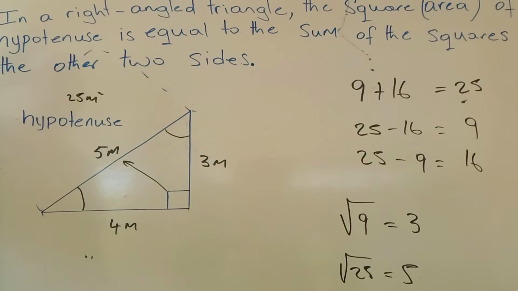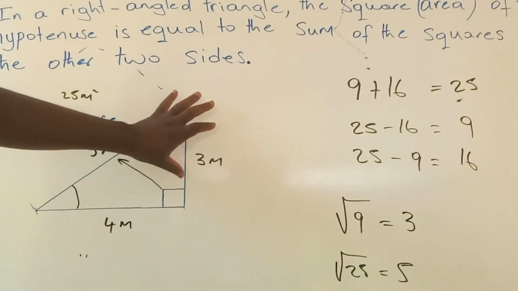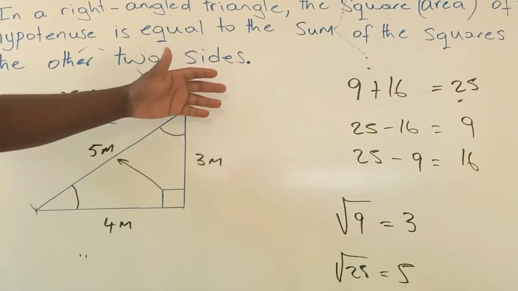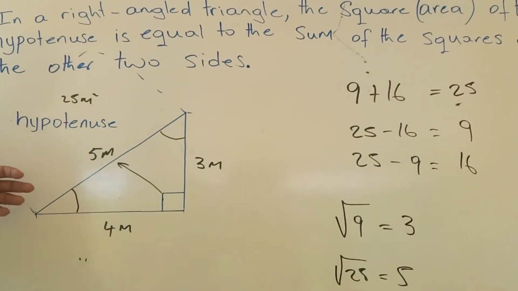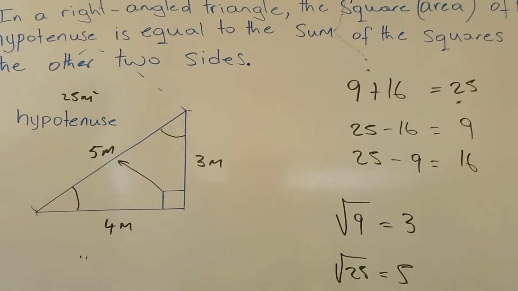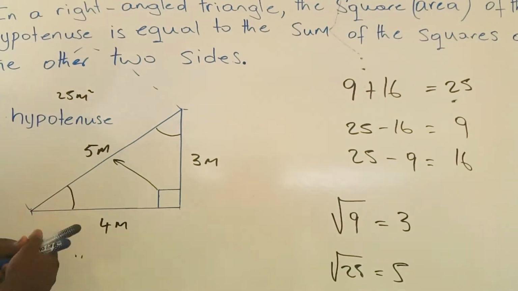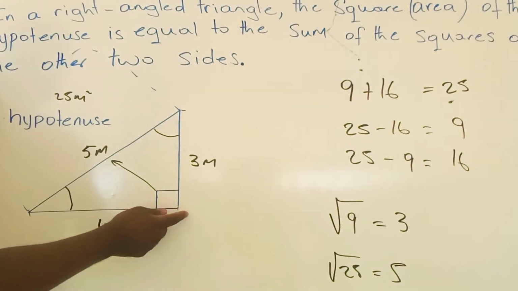It is saying that in a right angle triangle, when you create a square on each side, the square of the hypotenuse is equal to the sum of the squares of the other two sides. And you can see that because the two shortest sides here are one side with 3, one side with 4.